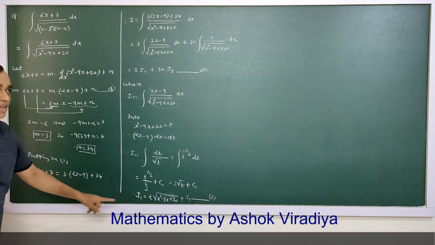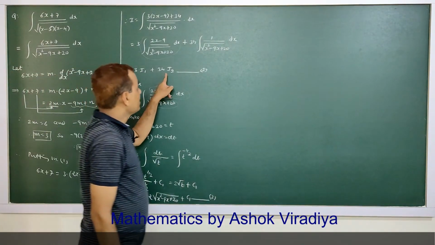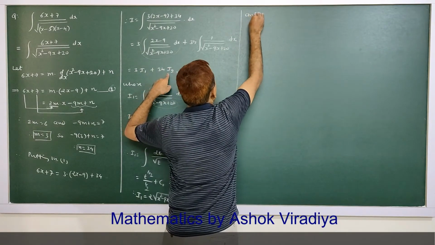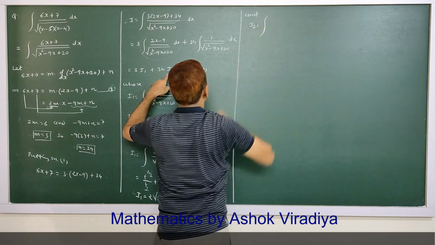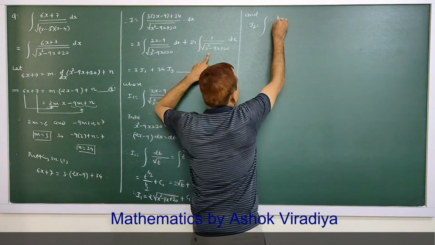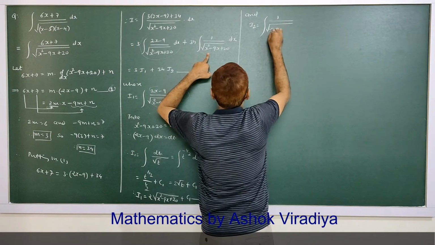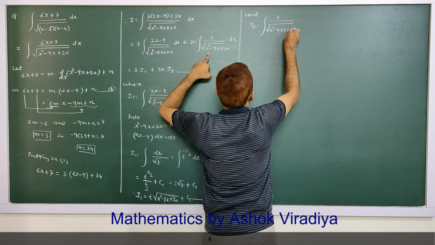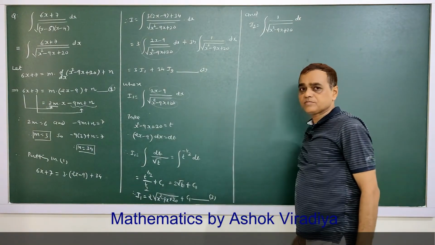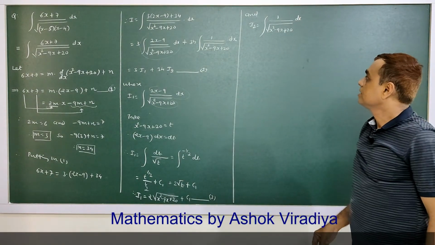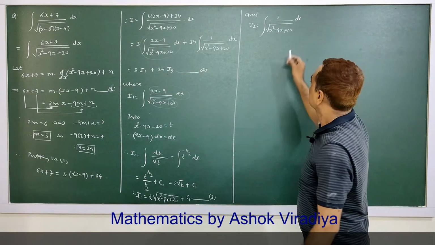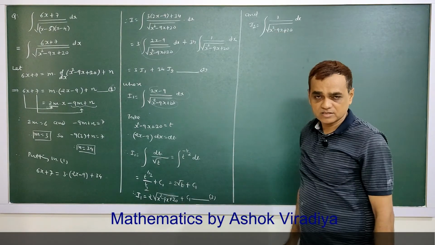So that was the calculation of I1. Now coming to I2. I2 is 1 upon square root of x² - 9x + 20. Now here the numerator is 1 and the denominator is quadratic.